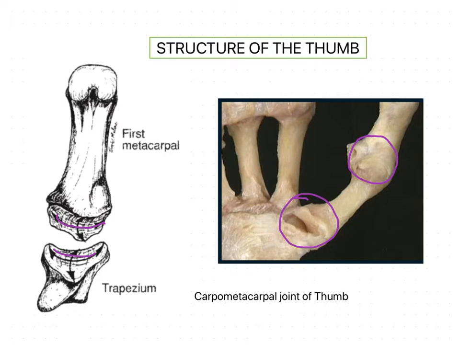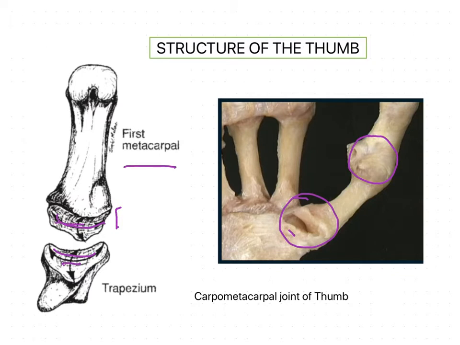If you see the articular surface, the proximal articulating surface is the distal surface of the trapezium, and the distal articulating surface is the proximal surface of the base of the first metacarpal.